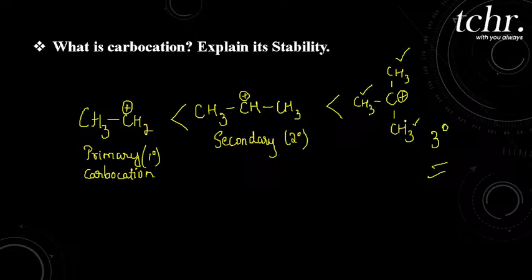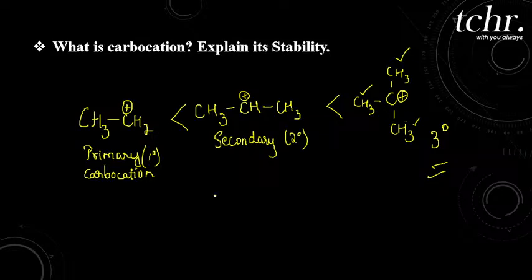All three are bulky groups here, students. When there are such heavy or bulky groups on it, it cannot react very fast with the incoming nucleophile or any incoming group, because it is already carrying three bulky groups. It cannot react very fast, so we say that it is highly stable.